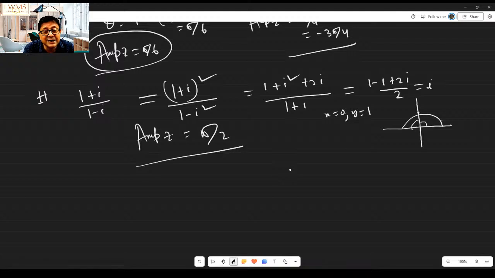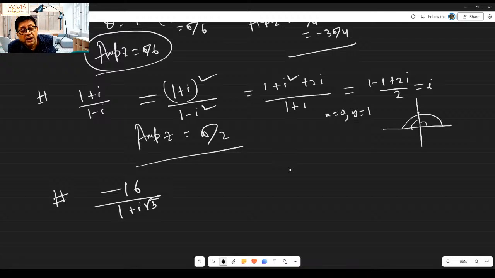Let us solve one NCERT exemplar problem. It is minus 16 by 1 plus i root 3. You do it before I do. You have to find its amplitude.